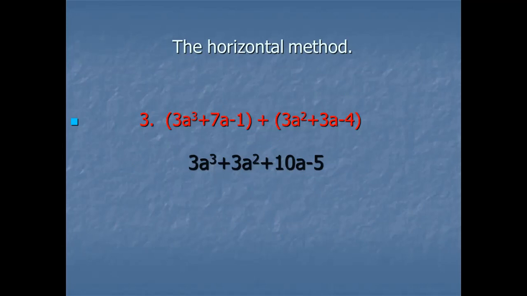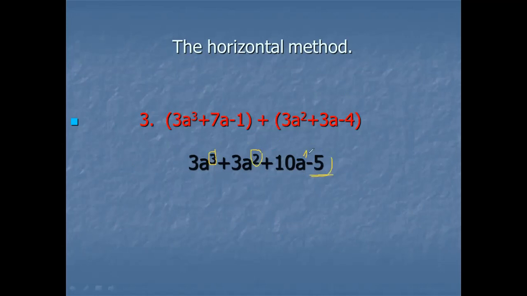Why am I giving you this one? Take note and remember that it is arranged in order of degree, descending order. As you can see, the power is 3, next the power is 2, next the power is 1, and of course the constant.